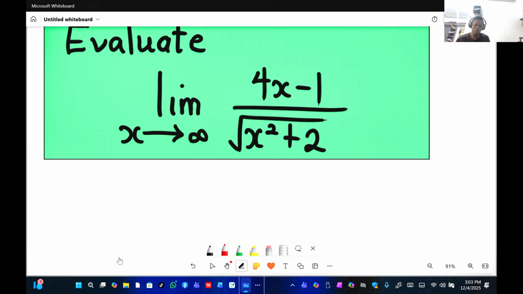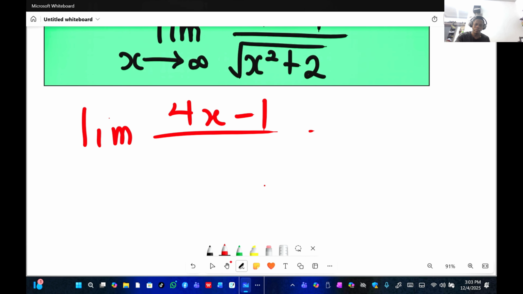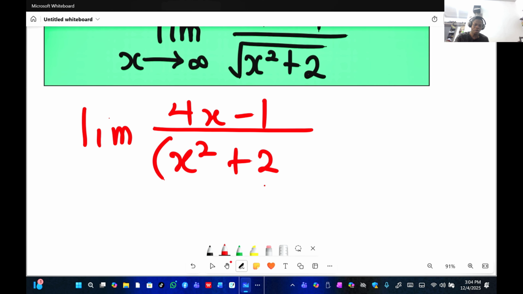So let us rewrite the given expression. You can write it as the limit of (4x minus 1) all divided by (x squared plus 2) in bracket having a power of half.